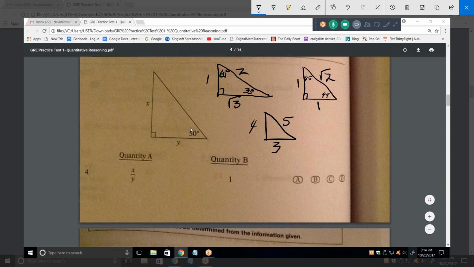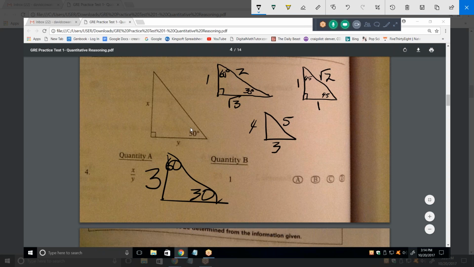Now whenever you run into a 30-60-90 triangle, you'll be able to solve it just because you know that all the sides are proportional. So if I gave you a 30-60-90 triangle and said this side is 3, how big is the hypotenuse? Would it be 2 times 3?